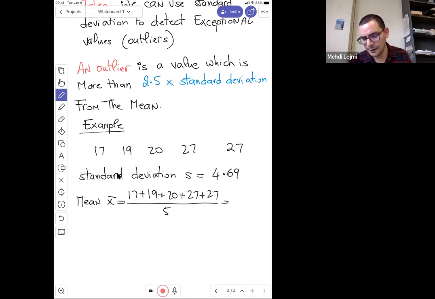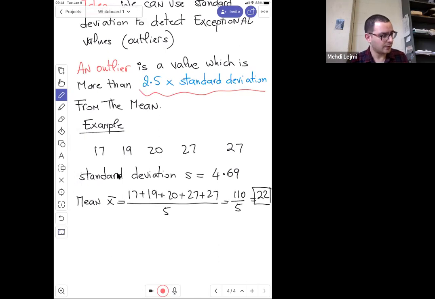That's 110 over 5, so the mean is 22. Now, my remark about exceptional values is that if you have a value more than 2.5 times the standard deviation from the mean, then it's an exceptional value or an outlier.